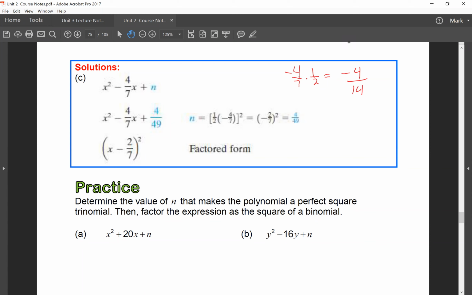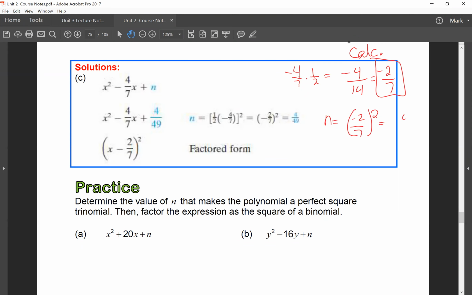So I could reduce this as well. Sorry. I could reduce this to negative 2 over 7. Your calculator will do this, by the way. I'm just trying to do it in my head. Now, I'm not done, because to find n, I need to take the negative 2 over 7 and square it.